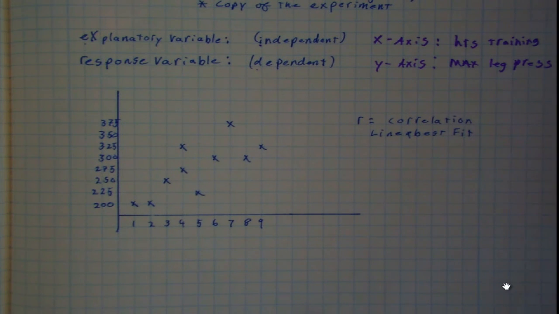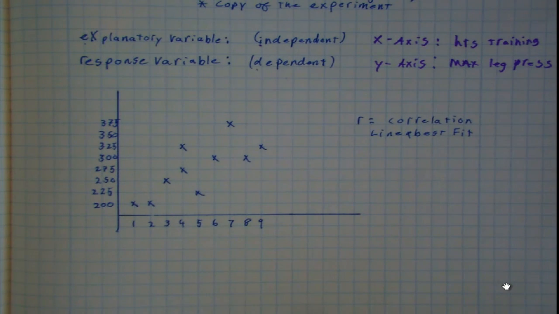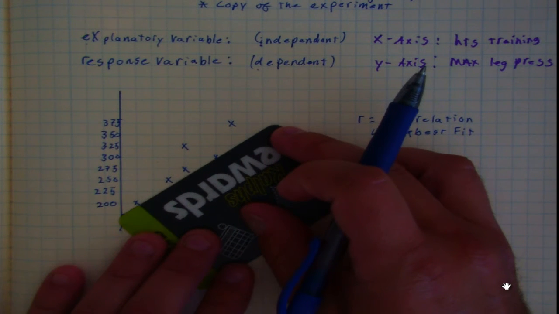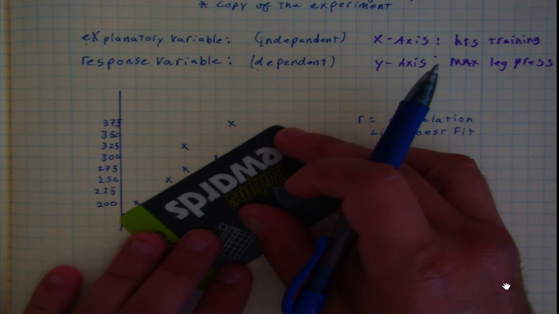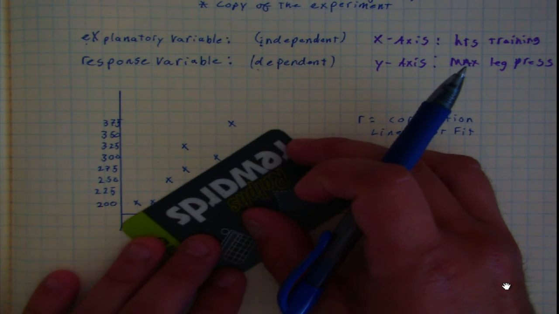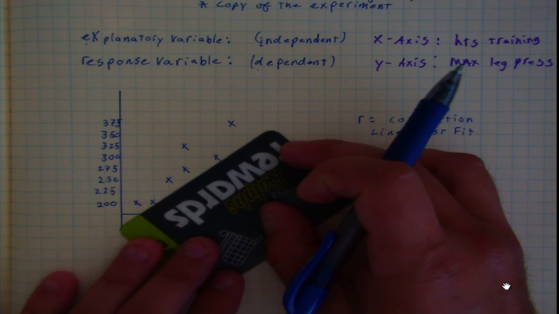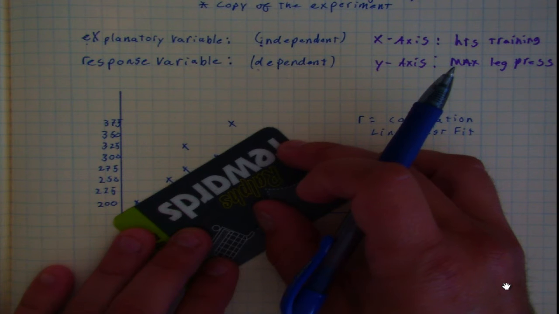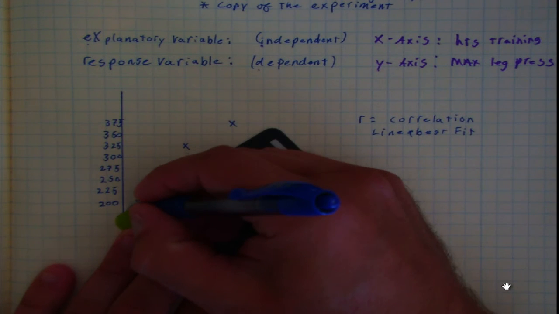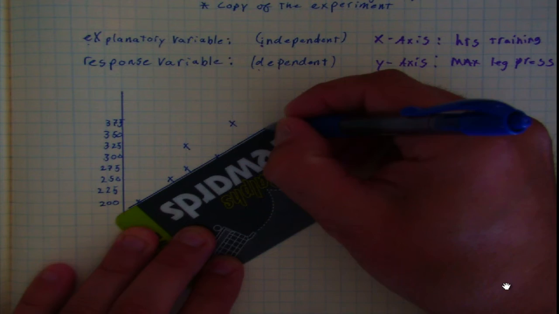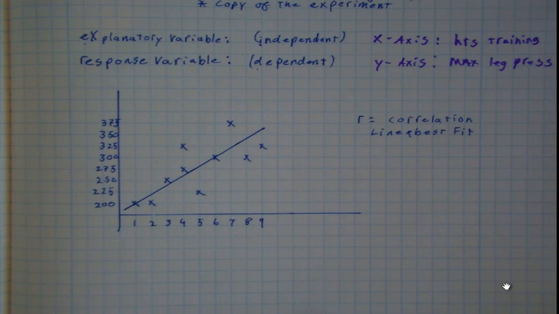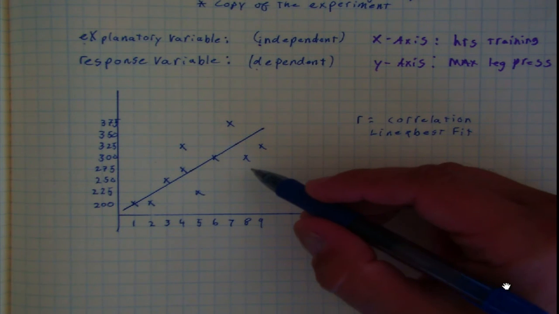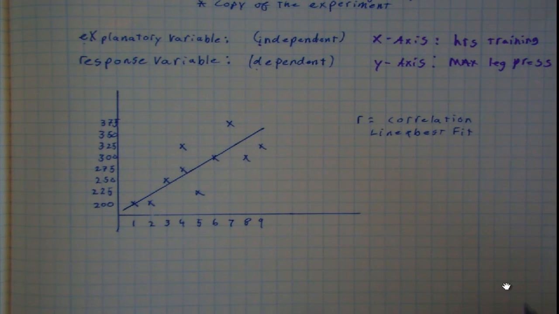But what I'm going to do is I'm going to draw a line that I think best represents how this data is going. So it doesn't have to hit any of the points. It doesn't have to hit all the points. It could hit one of them. Just whatever you think is the best line that shows the trend of what this data is representing. Okay, so this is the line of best fit on our scatter plot.